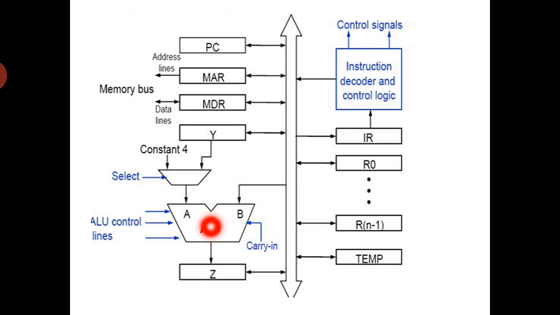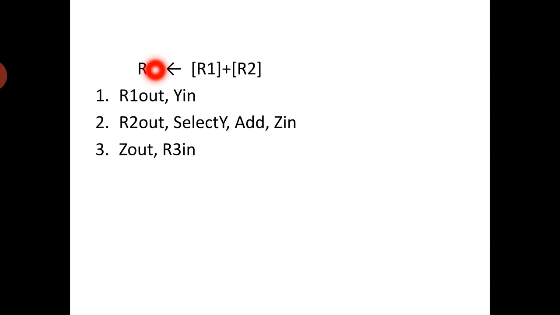For this operation, first we have to transfer the data present in the R1 register to the processor internal bus. For transferring the data from a register to the processor internal bus, which control signal do we have to activate? From register to bus, we have to activate the output control signal. So first we have to activate the R1 out control signal.